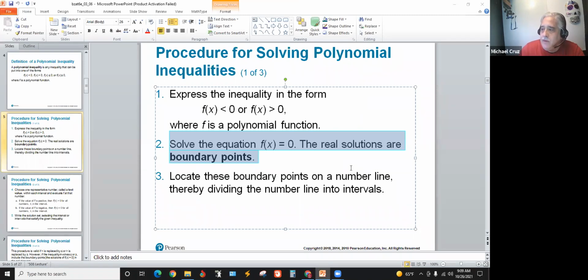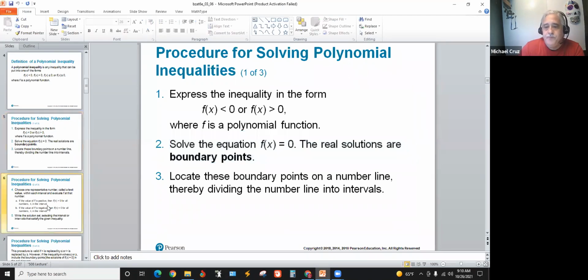And then, like with other inequalities we've done, we'll be able to find out what's part of the solution for these inequalities. All right, so let's go on.